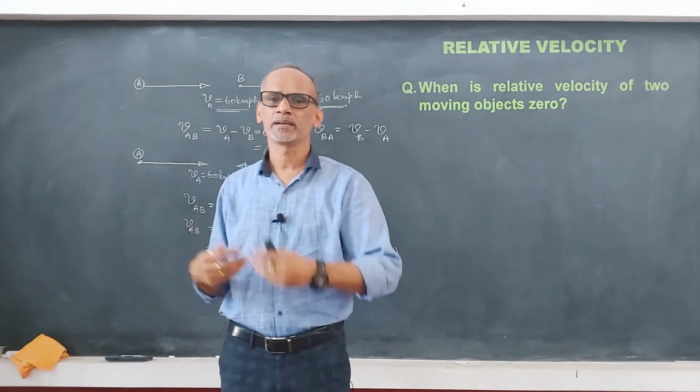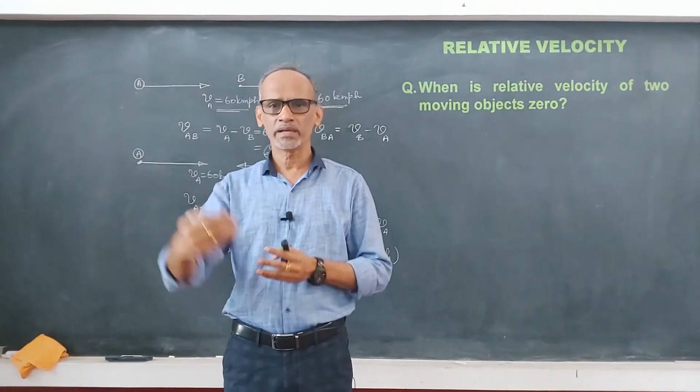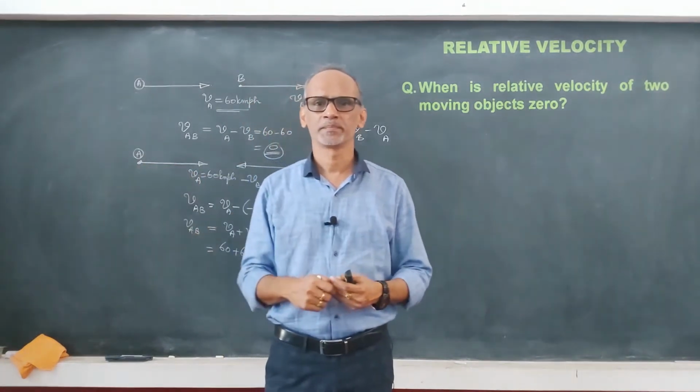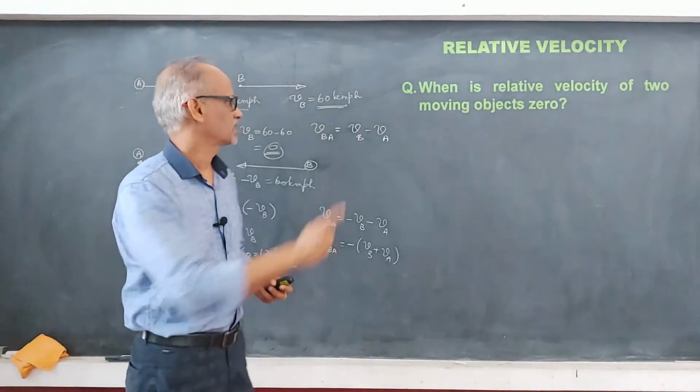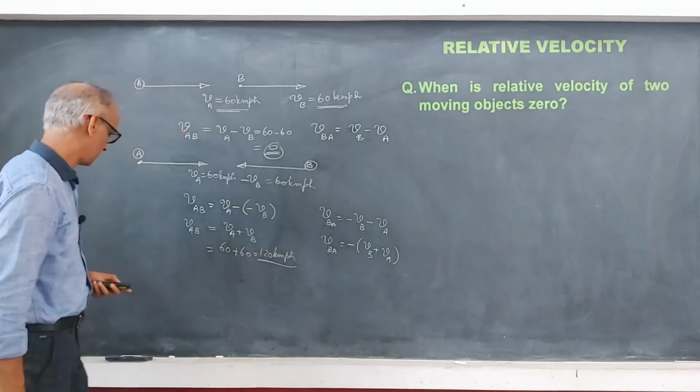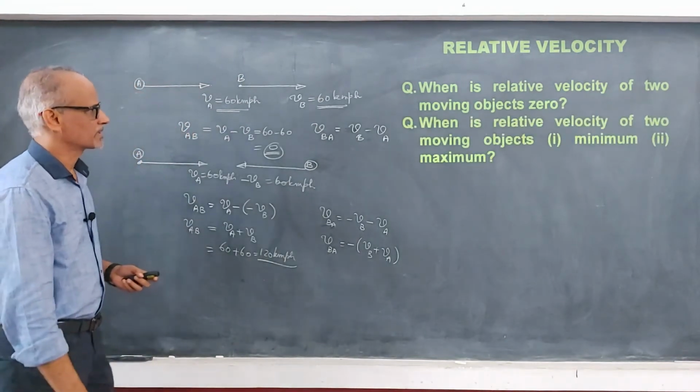So it appears that the two vehicles are moving at a great speed. That is the velocity of one object with respect to another object, and that is what we call relative velocity.